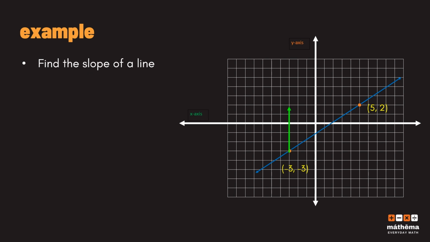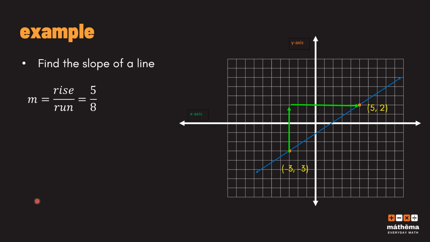Our rise will be 1, 2, 3, 4, 5. Our run will be 1, 2, 3, 4, 5, 6, 7, 8. So therefore, m is equal to rise over run, 5 over 8. So the slope of this line is 5 over 8.